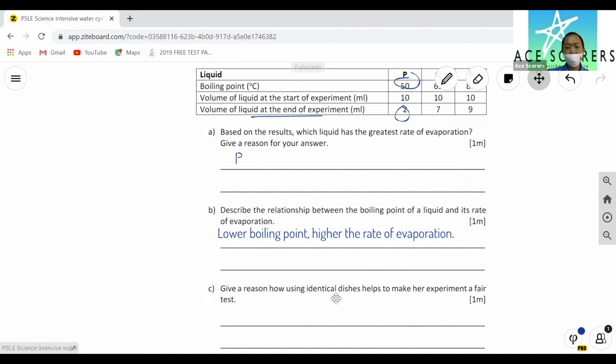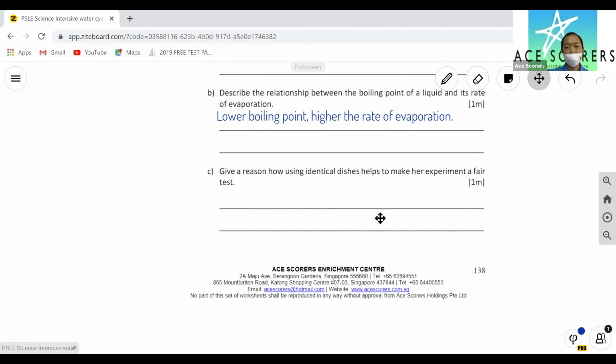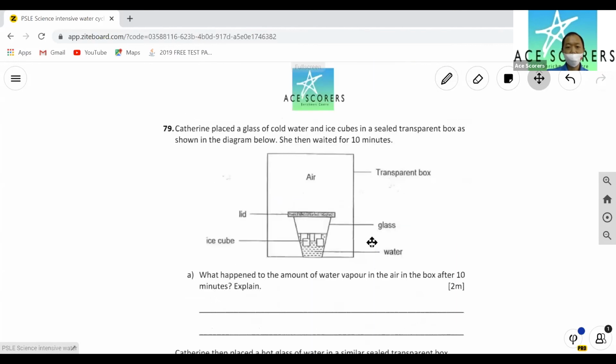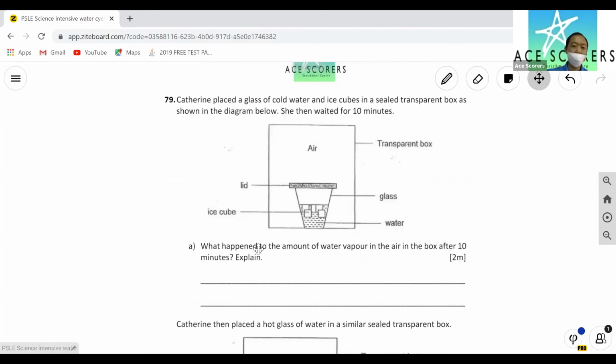Okay, this one we don't want to talk about. Fair test. Another one. What happened to the amount of water vapor in the air after 10 minutes? This is cold.